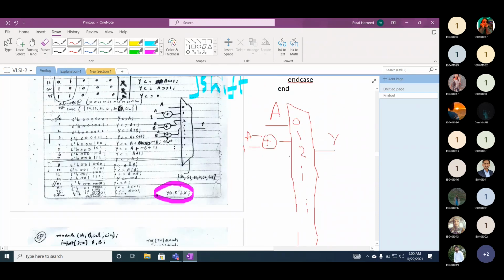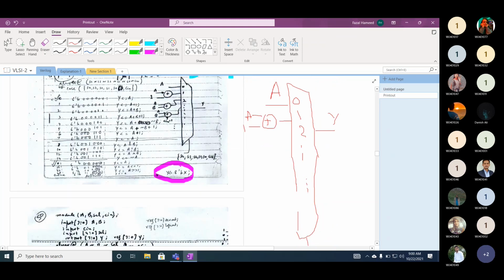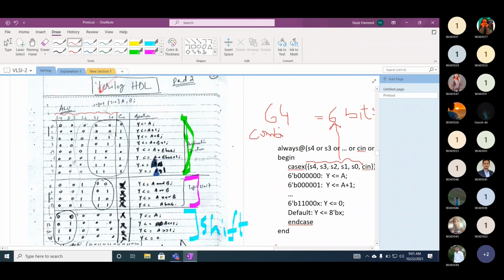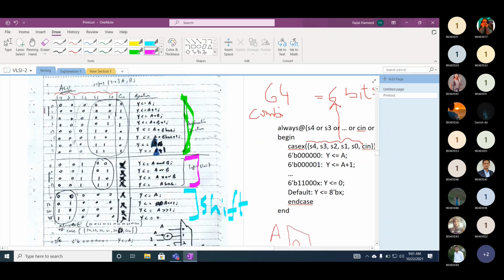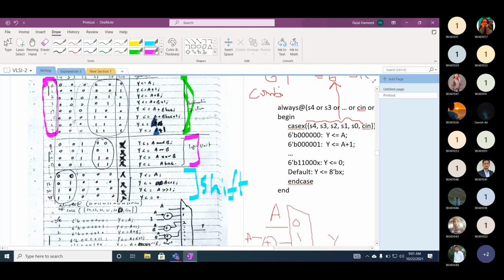And for the default, if you look at the left hand side, I have written a decimal representation. So actually this is equal to 0, then equal to 1, and up to 7. Now you can write the decimal equivalent of this.